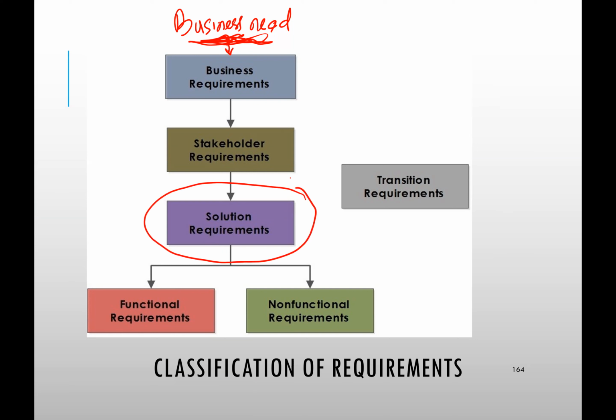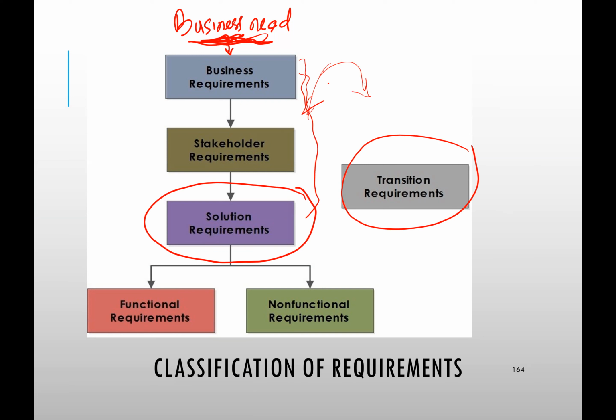Now, there are two types of solution requirements: functional and non-functional requirements. Now, there is a special type of requirement which is indirectly from all these requirements, but it's not directly part of them.